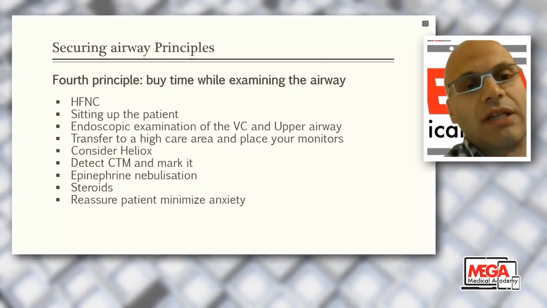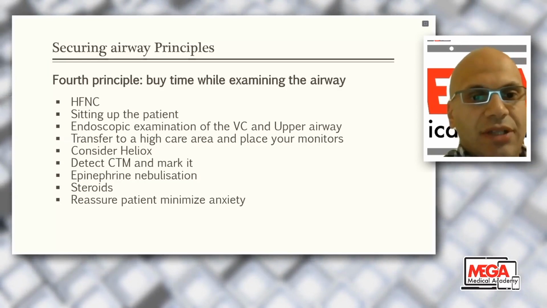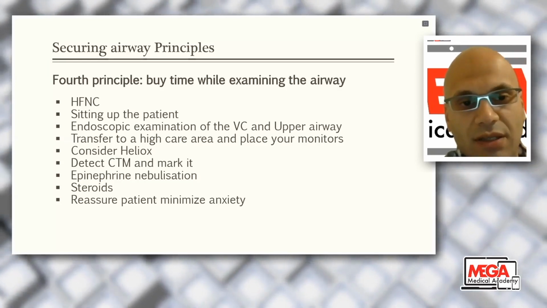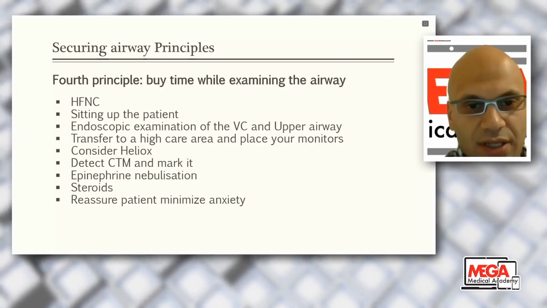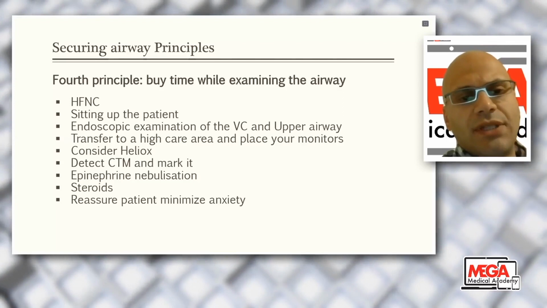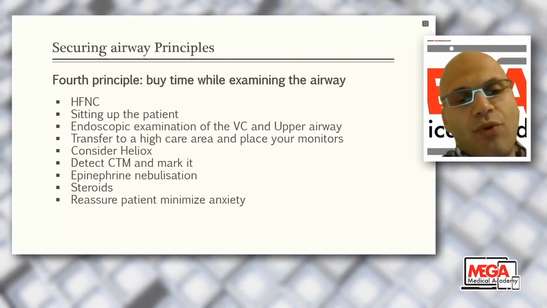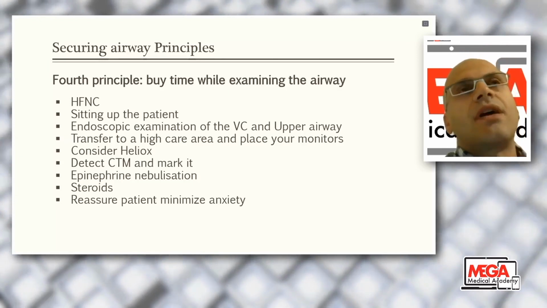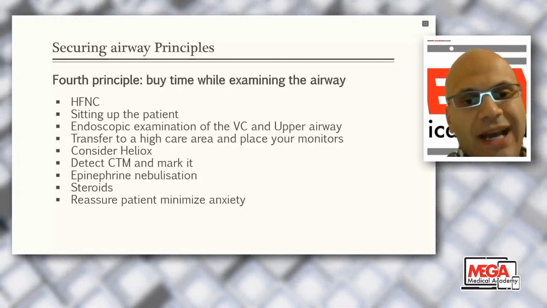So what you can do: connect the patient to high flow nasal oxygen, position the patient, as we said, for endoscopic examination of the vocal cord, transfer to a high critical area like the theater, put on the monitor, and consider heliox in upper airway obstruction. And it's very important to detect the cricothyroid membrane and to mark it.